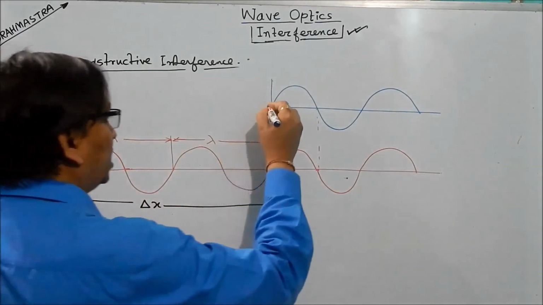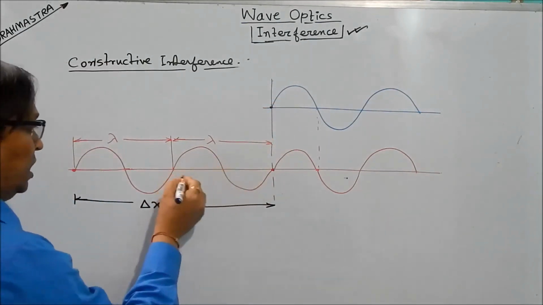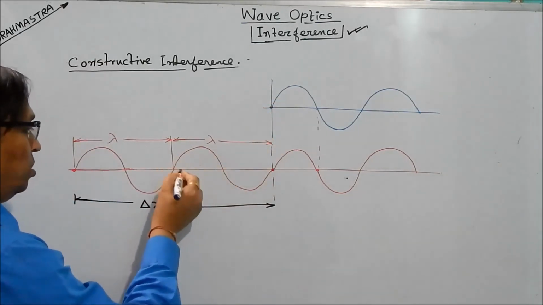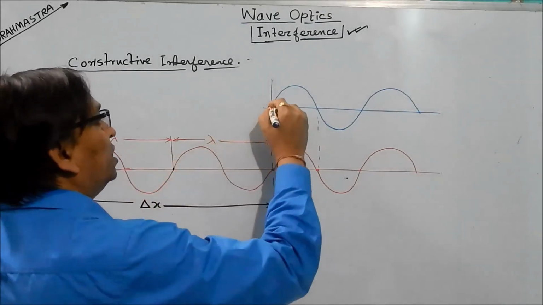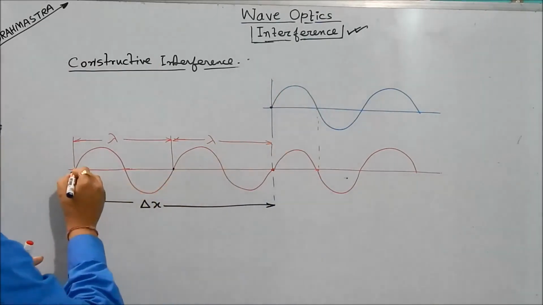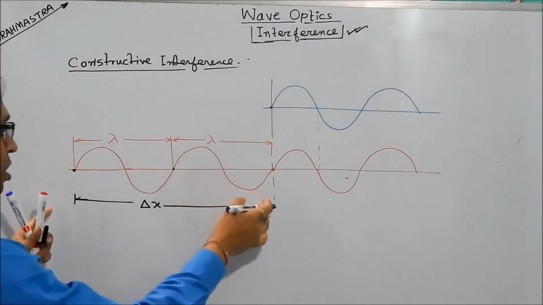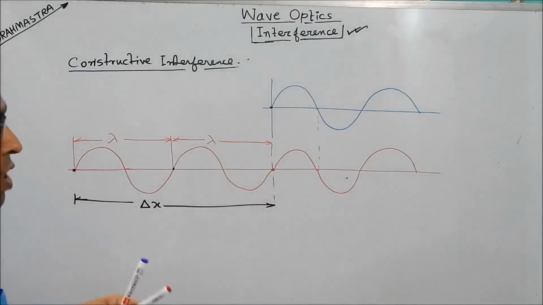See, our source has started from the zero bottommost point. So if I again want a zero, the zero is here, so it should be either one lambda and it is going just upward, either from this point or from this point. This is called the path difference, and this path difference should be an integral multiple of lambda.